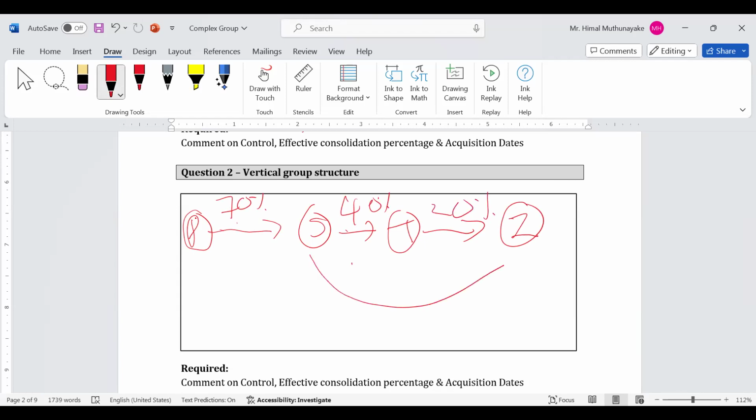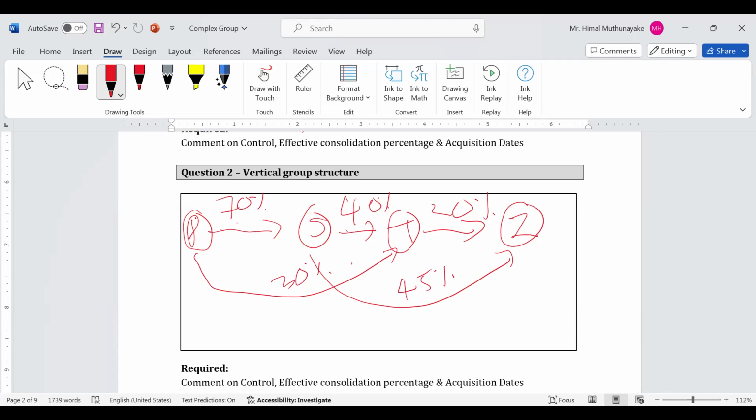And S directly owns, let's say, 45% of Z, and also the parent directly owns 30% of T, right?